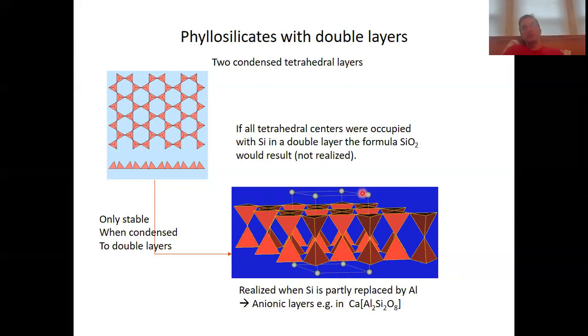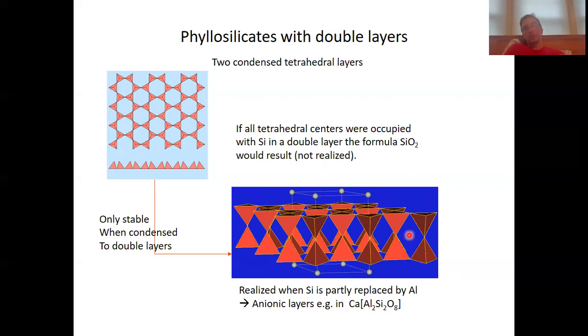And that means that this structure here would represent another possible polymorph of SiO2. Okay. However, again, nature doesn't realize this possible modification or polymorph of SiO2 because nature prefers three-dimensional SiO2 structures over two-dimensional SiO2 structures.